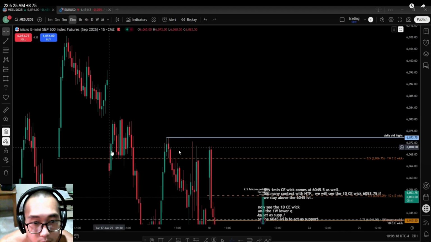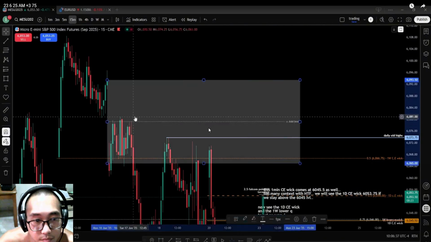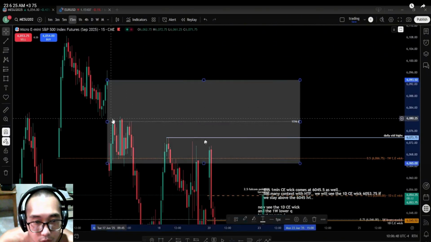Okay, on the 15-minute chart, you can see actually this is all daily highs, but you can see this is also very nice looking buy side. Delicious. And if we do reach up to here, what am I going to expect? I'm going to expect price to fill into this unfilled portion of the new opening range gap. Because you must see here is RTH, okay?